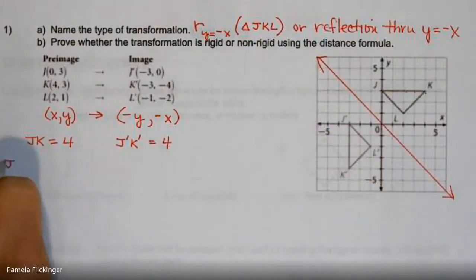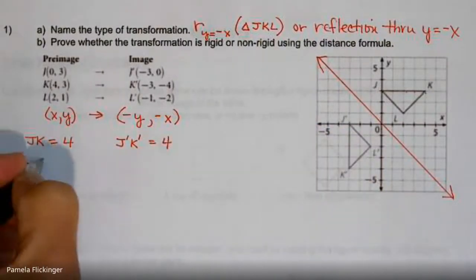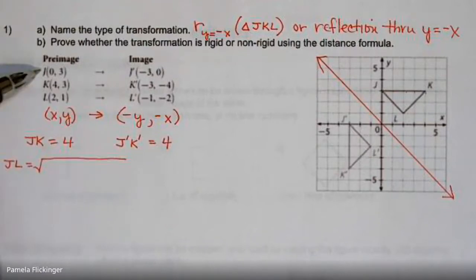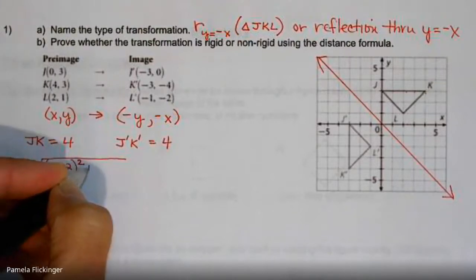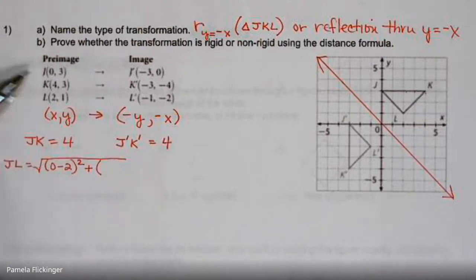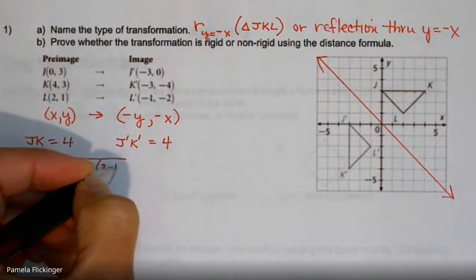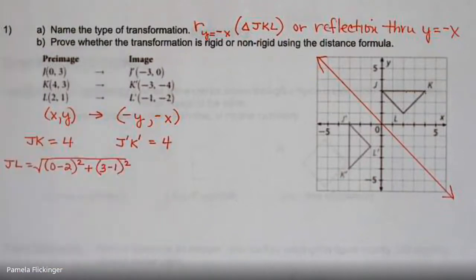So let's start with JL. I'm going to use the points J and L from up above. So I'm going to subtract the x's, 0 minus 2, square that, plus, and then I'll subtract the y's, which will be 3 minus 1. Remember, go in the same order that you subtracted the x coordinates.